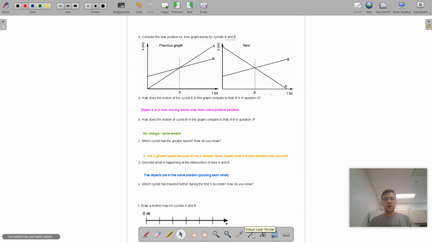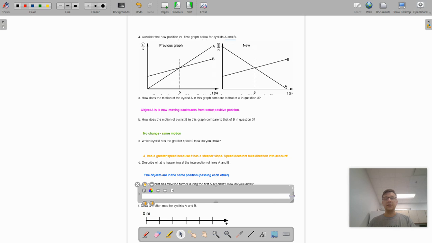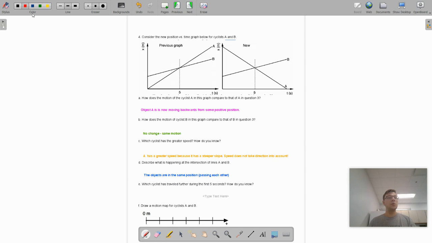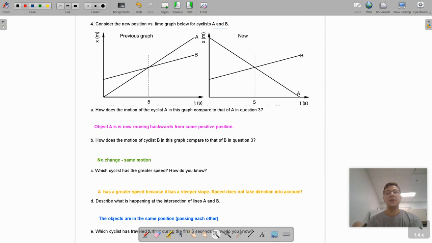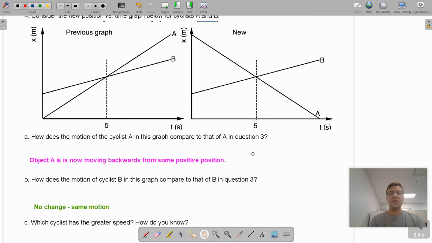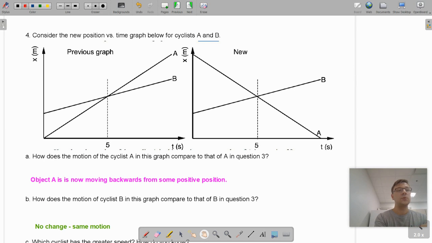Okay, so which cyclist has traveled further during the first 5 seconds? How do you know? So for this one, I'm actually going to zoom in on the graph here. So this is asking us during the first 5 seconds, which one has moved further? Here's all you need to do. Draw a horizontal line to the y-axis from 0 seconds to 5 seconds right here, okay?